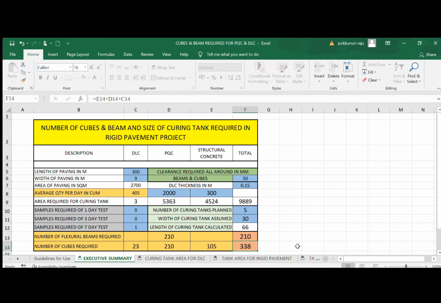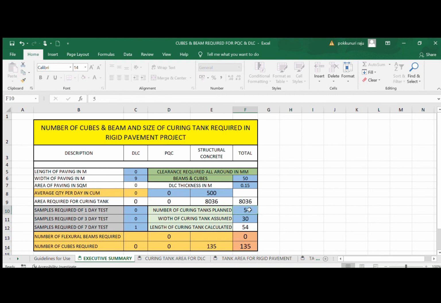So this is how you can plan the number of beams or cubes required in the project, whether you have DLC or you don't, whether you have PQC or you don't. In a project with flexible pavement and no rigid pavement, your quantity related to DLC and PQC will be zero. If you plan to do 500 cubic meters of structural concrete in a day, you end up requiring 135 cubes in the project.